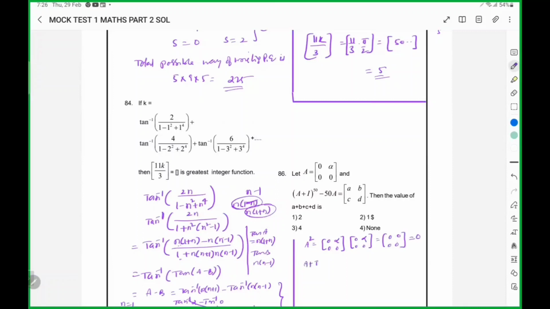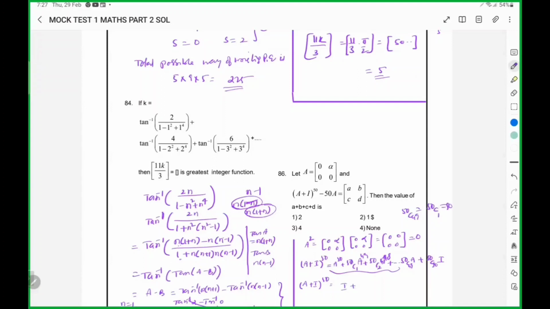A plus I whole power 50 is A power 50 plus 50C1 A, 50C2 A power 48, 50C49, 50C50 I. So A square is 0, higher powers will be 0. 50C49 is 50C50 minus 49, which is 50.